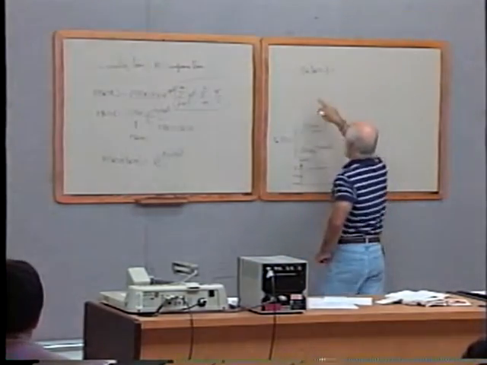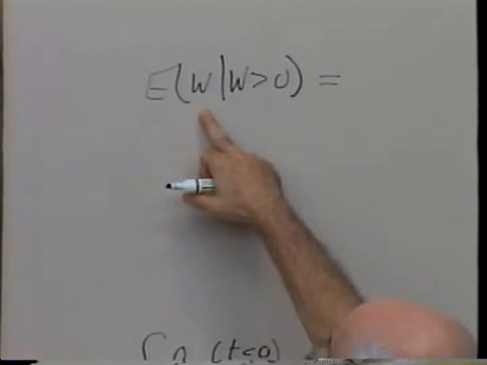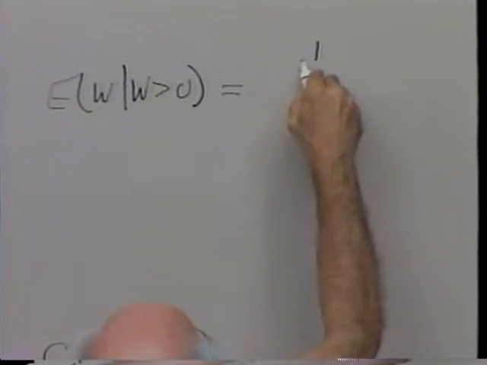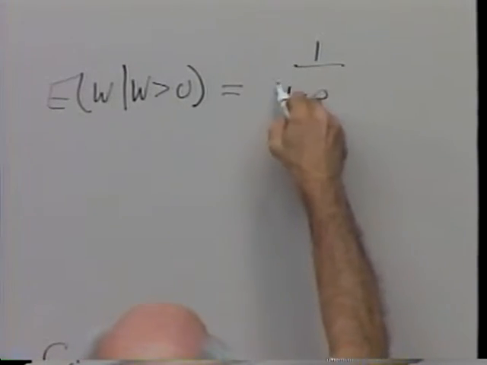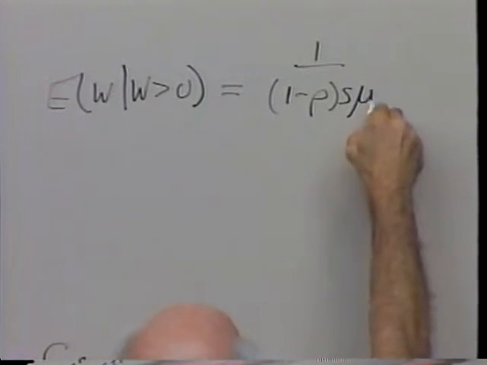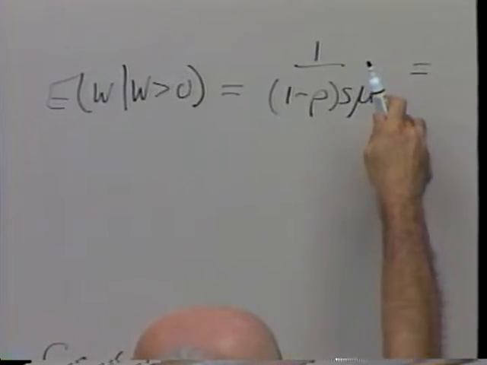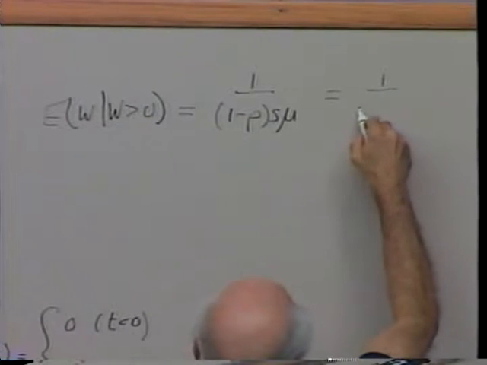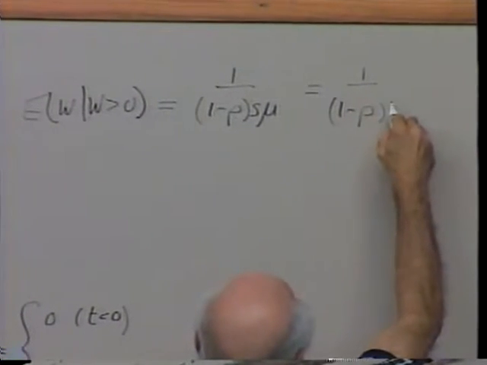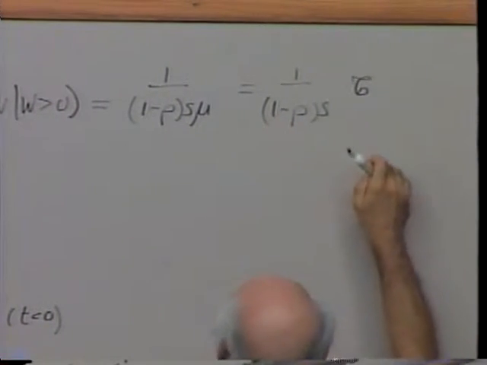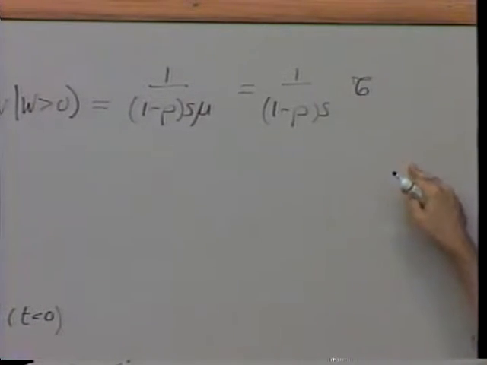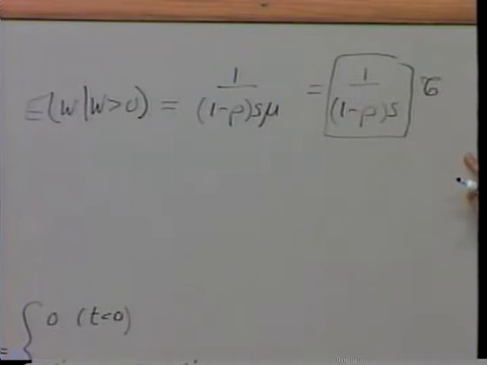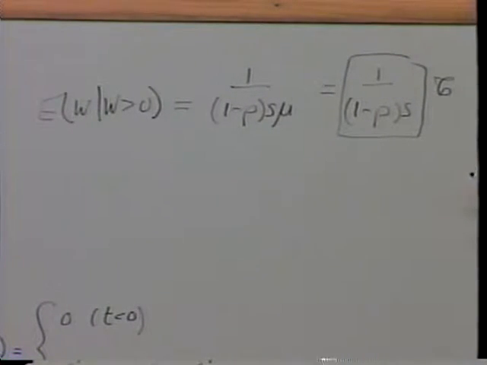So in other words, the expected value of w, given the condition, is 1 over (1 minus rho) s mu. Or since mu is equal to the reciprocal of the average service time, this is equal to 1 over (1 minus rho) times S times tau. Or in units of average service time, it's this piece right here. So that's a nice simple formula.